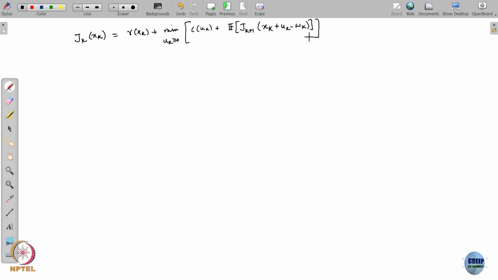Okay. Now, this equation is essentially the cornerstone of solving such problems.